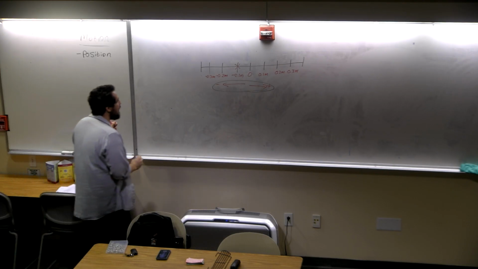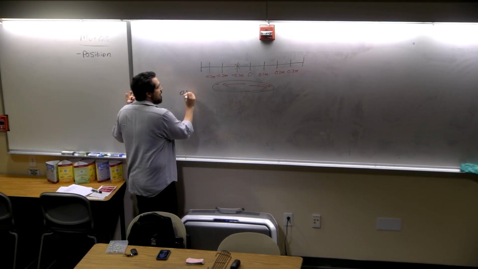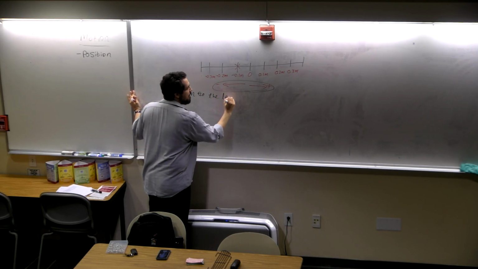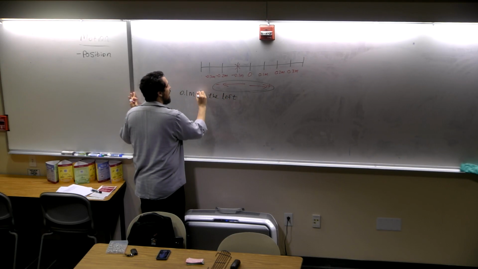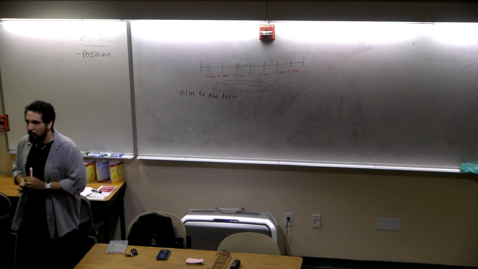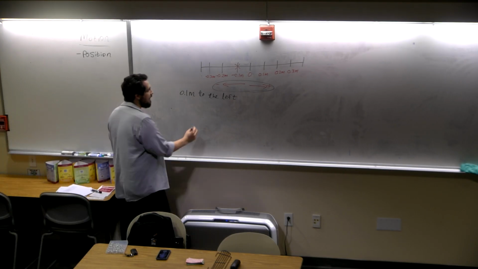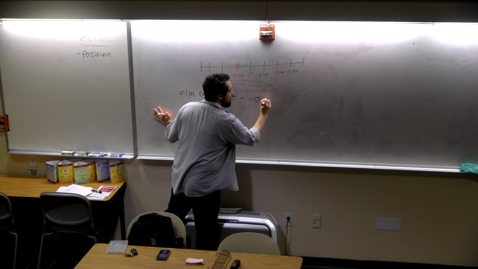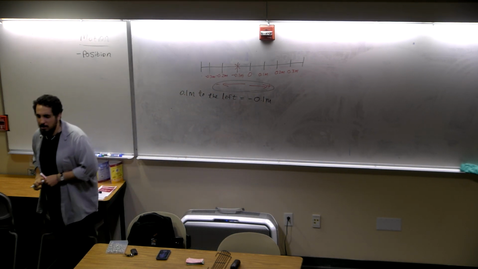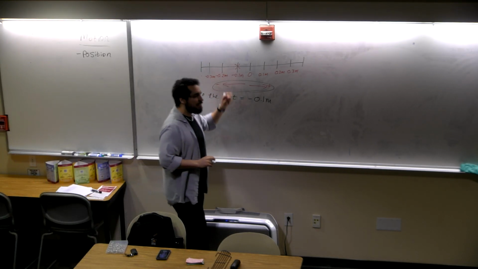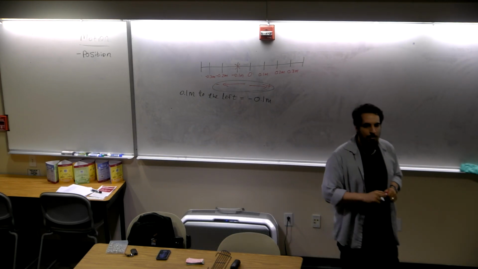Instead of writing out 1/10 of a meter to the left, we can say to the left is equivalent to saying negative. So we can say instead negative 0.1 meters, because the only location that is negative 0.1 meters is 1/10 of a meter to the left. That leaves no ambiguity.